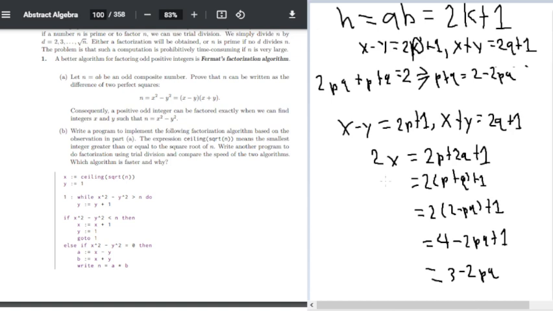Now we take this, and to just make this nice, we have x solved for. So we have now that 2x minus 2y is equal to 4p plus 2.